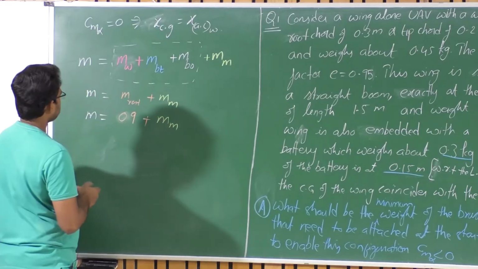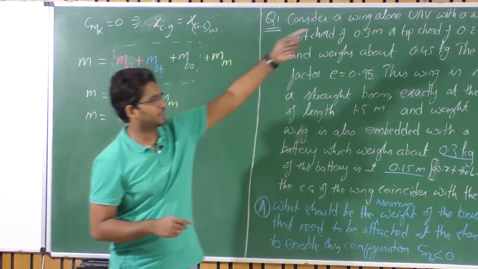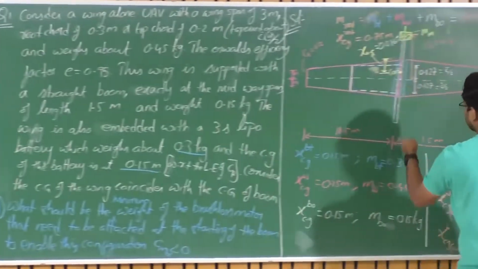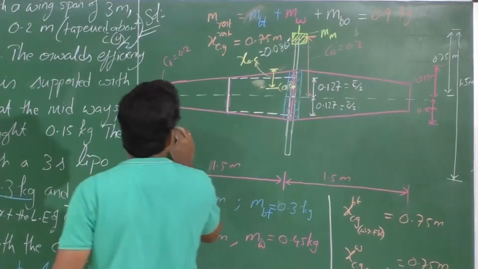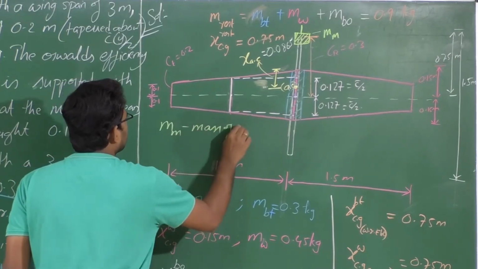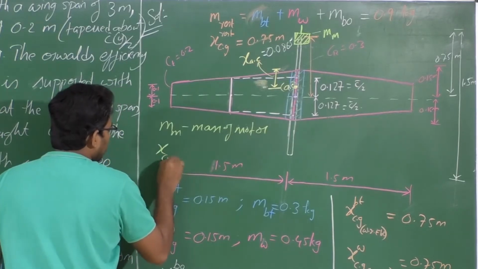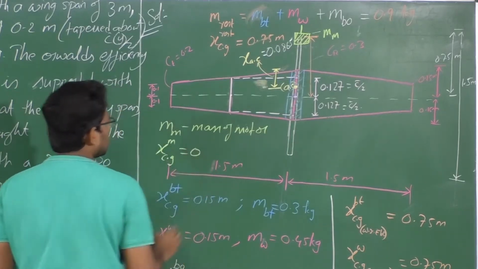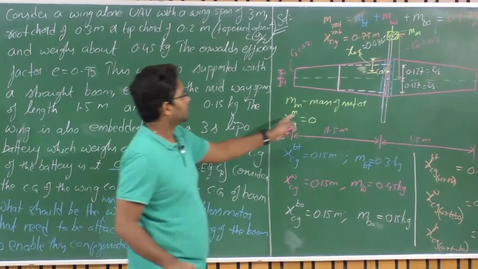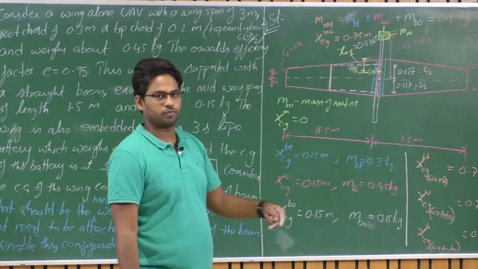Now, with the addition of this mass, what is the CG location of this mass with respect to the boom? The mass of the motor is x mm, and the corresponding x CG of the motor is 0. It is exactly with respect to the boom, at the leading edge of the boom, or you can say at the starting of the boom.